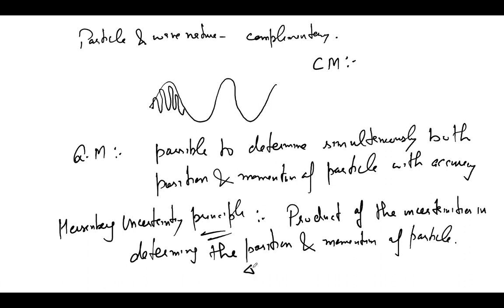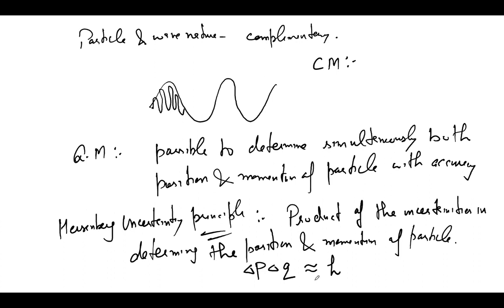So they are correlated with each other. So delta P times delta Q is equal to Planck's constant, where delta Q represents the uncertainty in determining the position, while delta P is the uncertainty in determining the momentum of the particle.